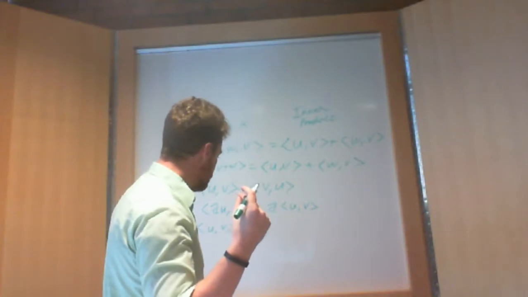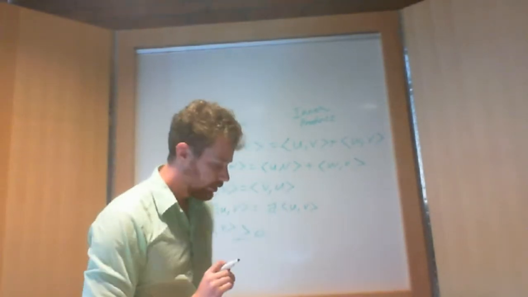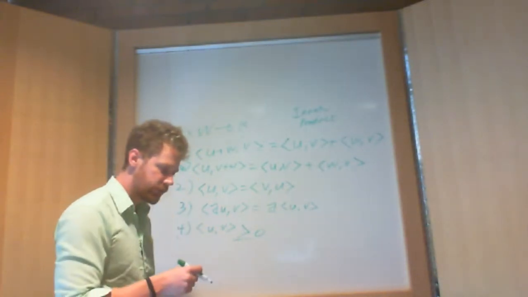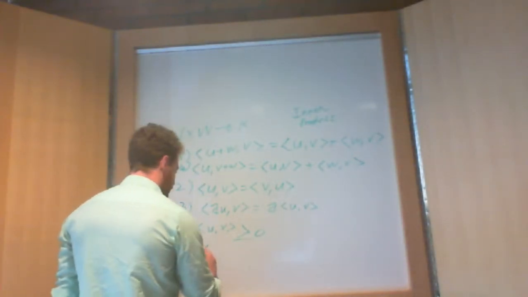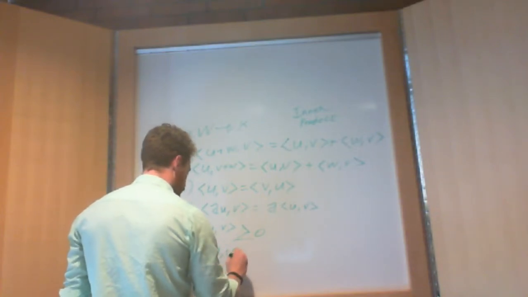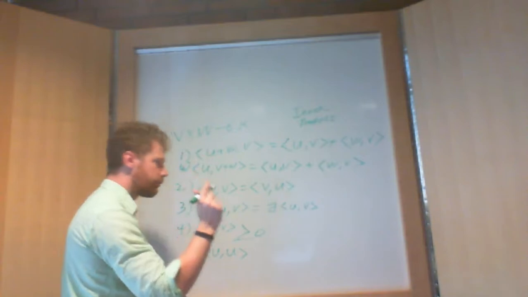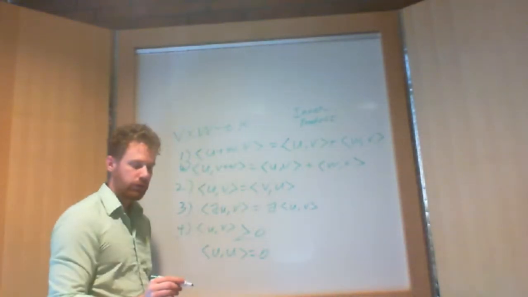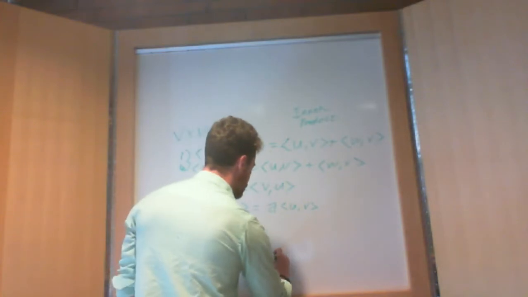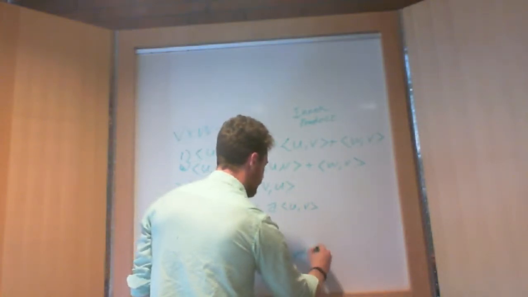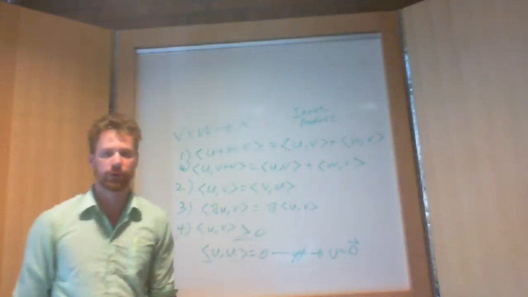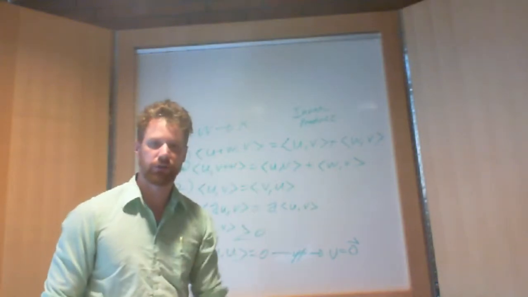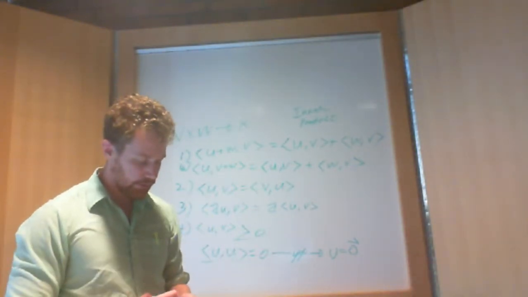In addition to this, if we pass in the same vector for the first and second arguments and the inner product <u, u> is equal to 0, then it follows, if and only if, that u equals the 0 element. So these are the four properties of the inner product.